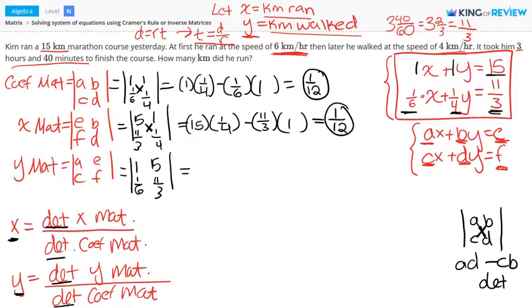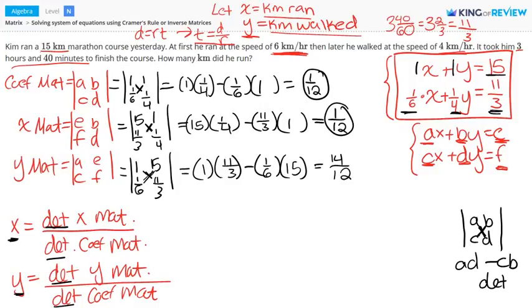Now let's figure out what the y matrix is. We'll take the product of the main diagonal, so 1 times 11 over 3, and subtract the product of the entries in the other diagonal, so 1/6 and 15. So we have 1 times 11 over 3 minus 1/6 times 15, and when we work this out, we get 14 over 12.